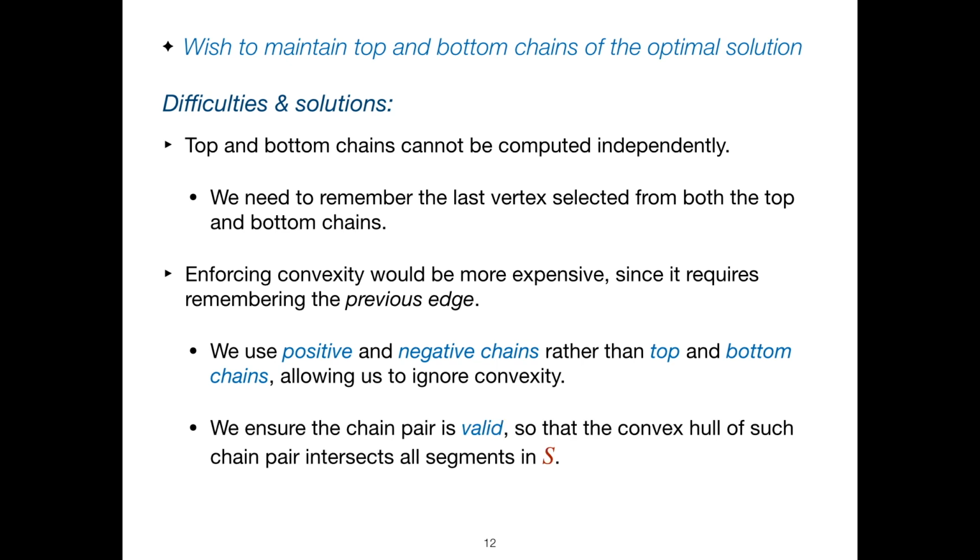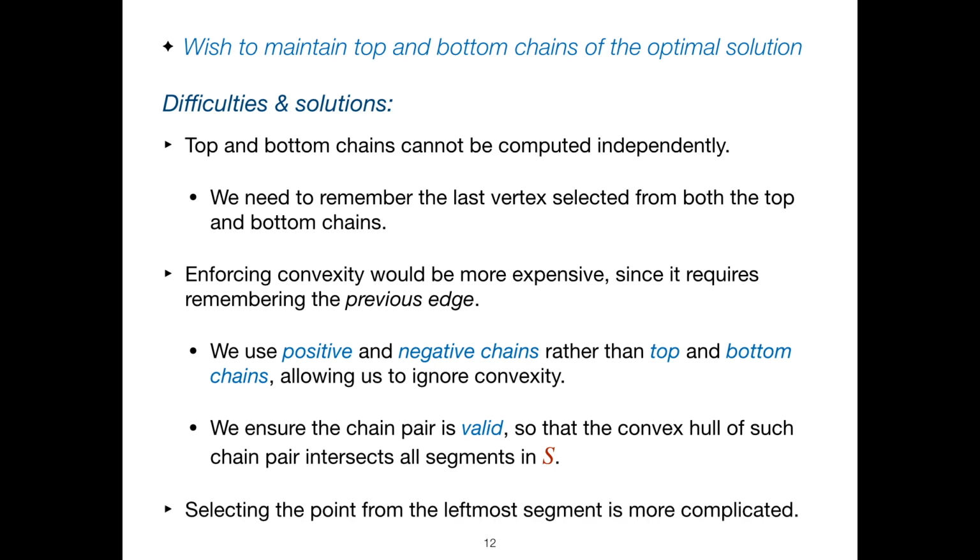Additionally, we ensure the positive and negative chain pair we are computing is valid, so that the convex hull of such a chain pair intersects all segments in S. Now we only need to compute the valid positive and negative chain pair with the minimum number of vertices. Another difficulty is that selecting the point from the leftmost segment is more complicated, since it does not have to be an endpoint.